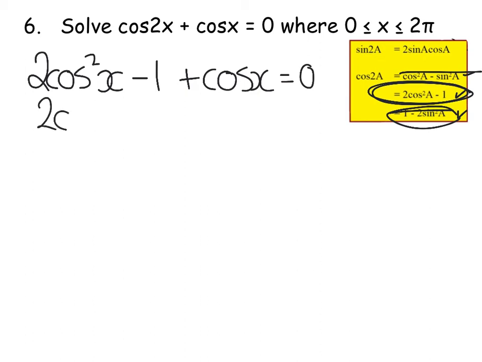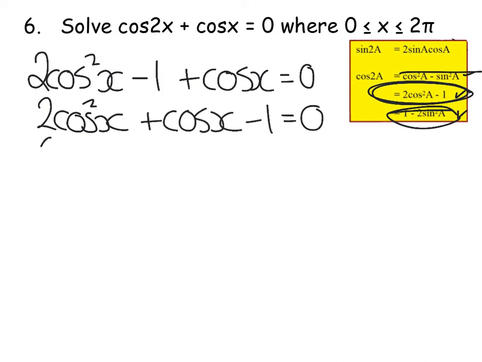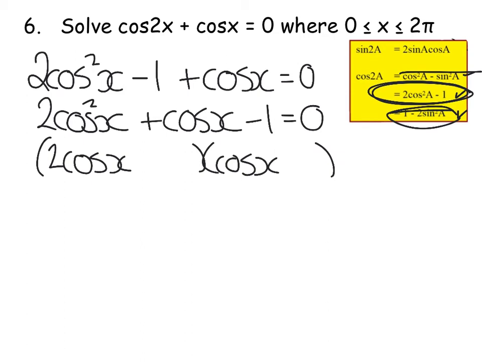Now that there is now a trinomial, so I'm just going to put it in the correct layout. So we're going to go into 2 brackets, one with a 2 cos x and one with a cos x. If you're struggling and you don't like doing that, you could always just treat this as 2c squared plus c plus 1 at the side and then go put the words back in, equal to 0.